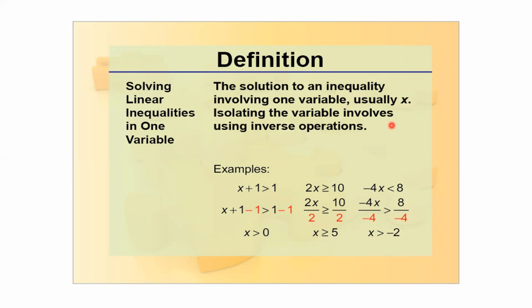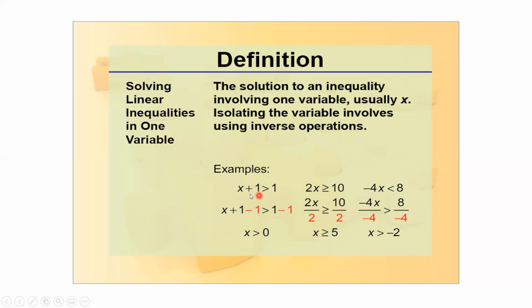Okay, so guys, let's do some examples. The definition: the solution to any inequality involves one variable, usually x. Isolating the variable involves using inverse operations. So an example will be this, guys. X plus 1 is greater than 1.